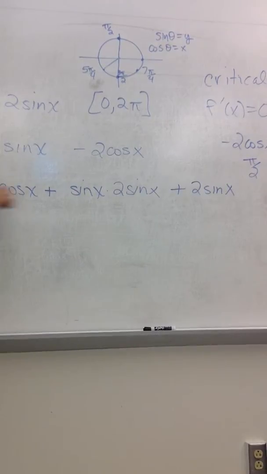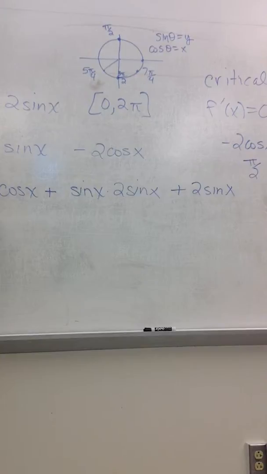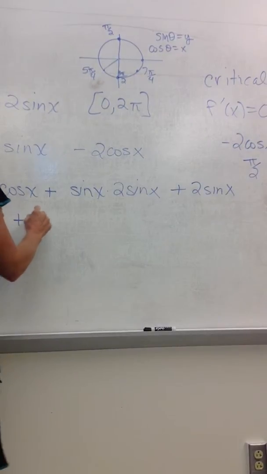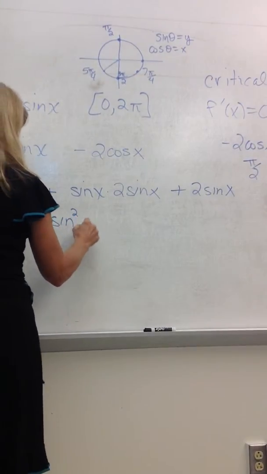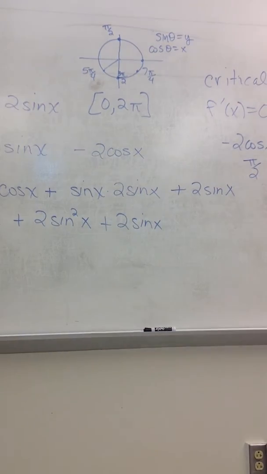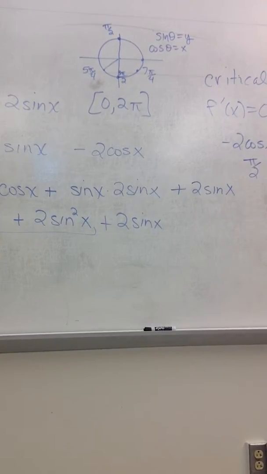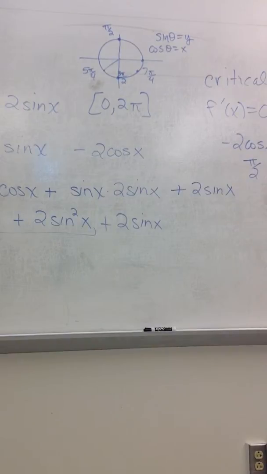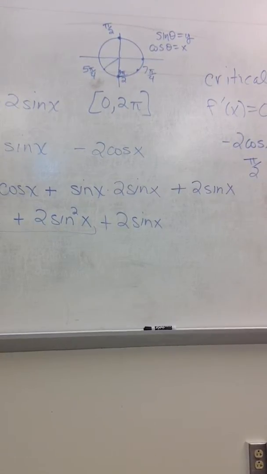So I still end up like this. We have -2 cosine squared plus 2 sine squared plus 2 sine of x. Technically we can still rewrite that using the identity here, but because we have that other term, that's not necessarily going to help us to have a cosine of 2x, because then we still have that sine of x.